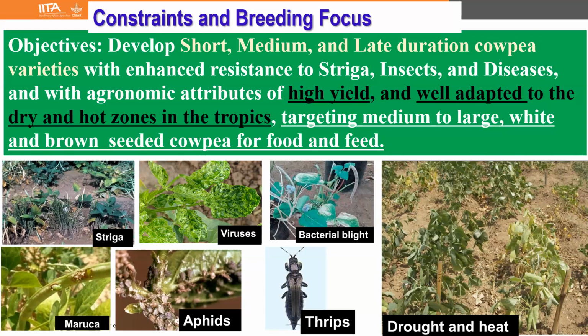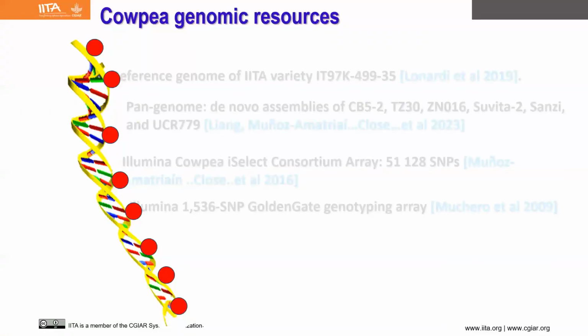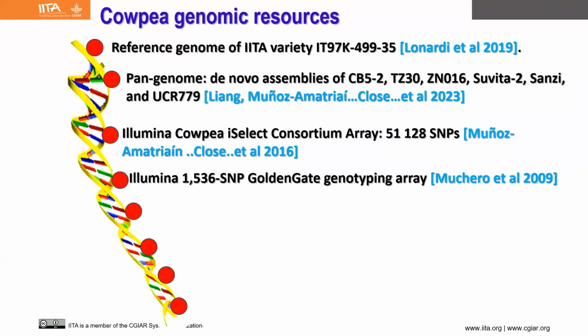Given all these challenges, there have been a lot of efforts to develop genomic resources that can accelerate the breeding process. Over the years, there have been a lot of advances in developing genomic resources for cowpea, which Dr. Tim and the colleagues at UCR cannot be detached from. They have contributed immensely to building the foundational genomic resources that the breeding programs are exploiting at the moment.